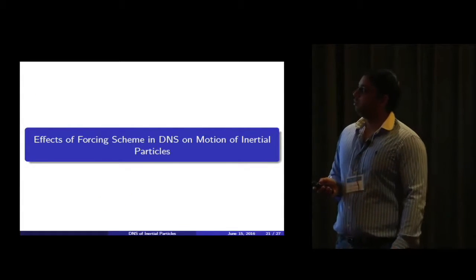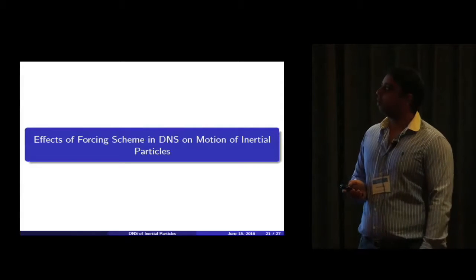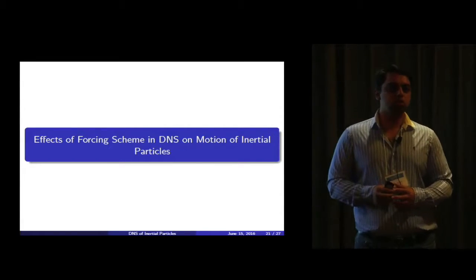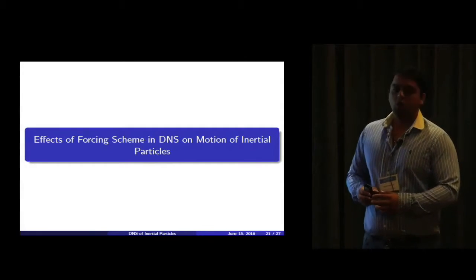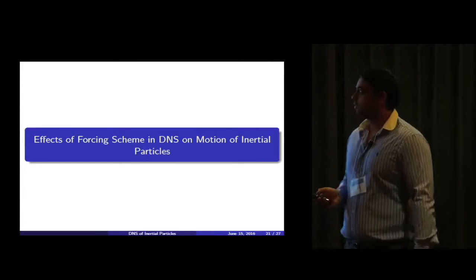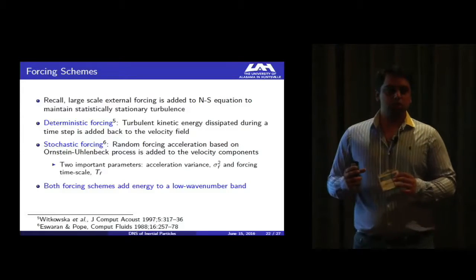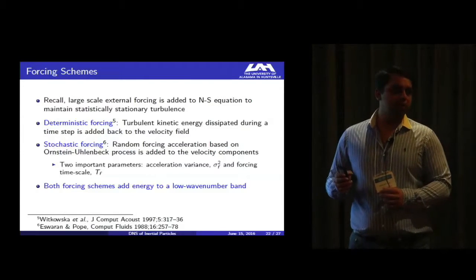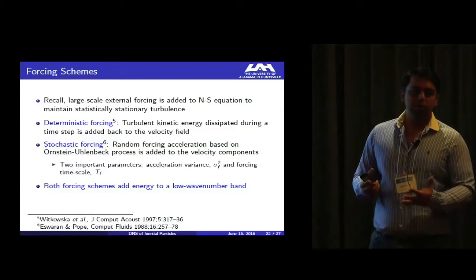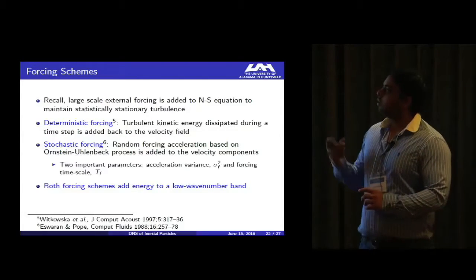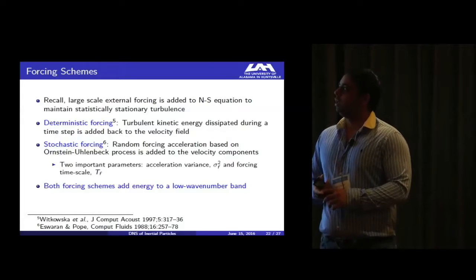Now let me describe the final part of my talk, where I will describe the effects of forcing schemes used in the DNS simulations on the motion of inertial particles. Recall in the Navier-Stokes equation I showed, there was a forcing term called F, which maintains a statistically stationary turbulent flow. This large-scale forcing can be applied in two ways.